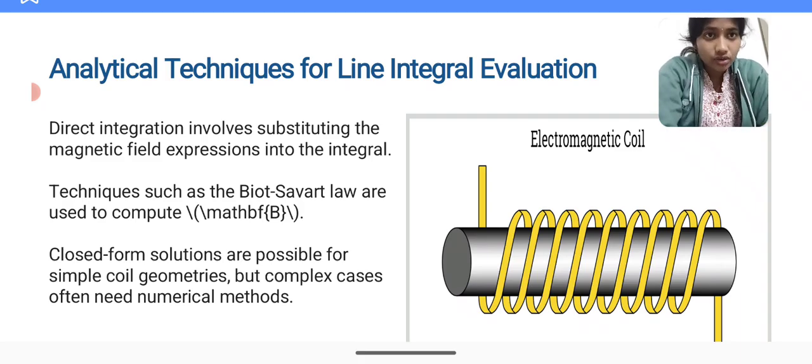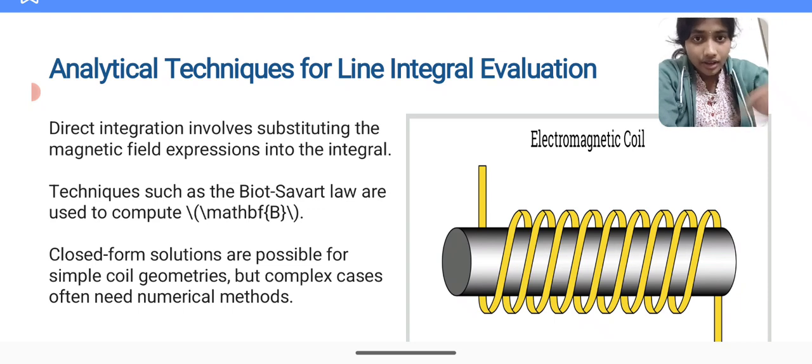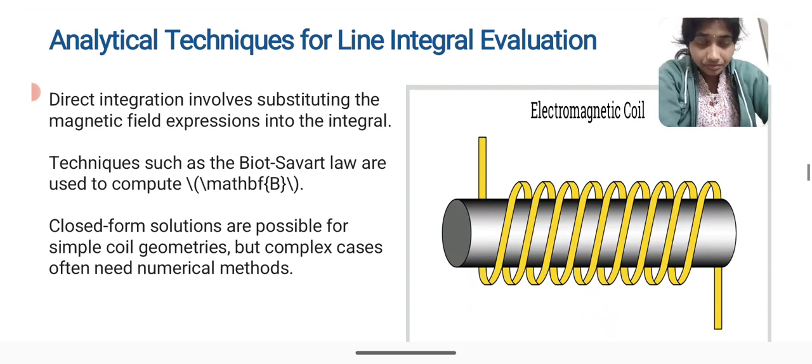Analytic techniques for line integral evaluation. Direct integration involves substituting the magnetic field expressions into the integral. Techniques such as the Biot-Savart law are used to compute closed form solutions.